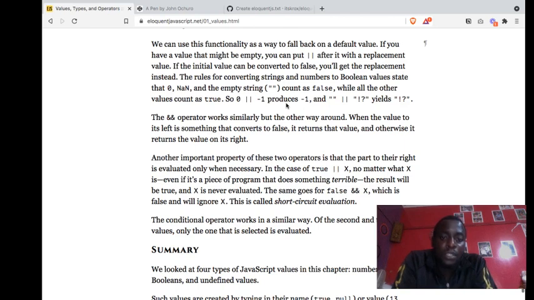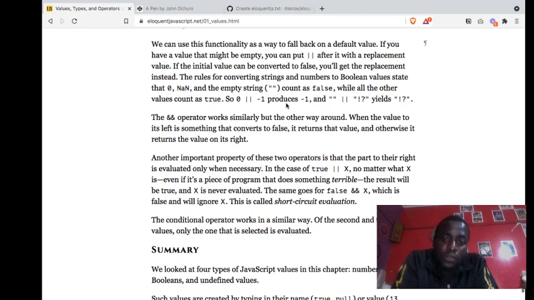Another important property of these two operators is that the part to their right is evaluated only when necessary. In the case of true or x, no matter what x is, even if it's a piece of program that does something terrible, the result will be true, and x is never evaluated.